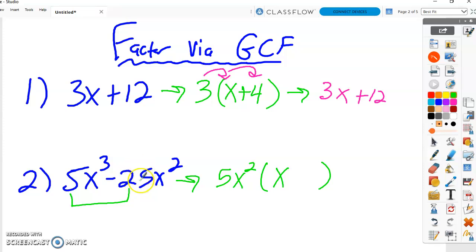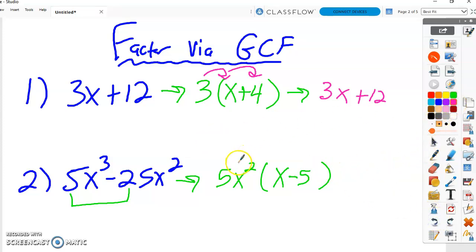Okay, now for the second piece, we want to take negative 25 and divide it by 5. Negative 25 divided by 5 would be negative 5, so minus 5. And if we take out x squared from x squared, there are no x's remaining. Okay, so just a negative 5 in the back piece here.